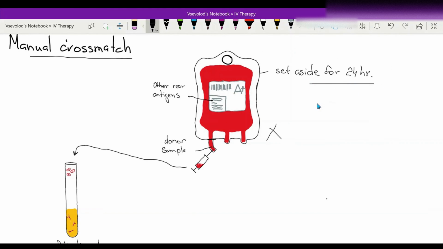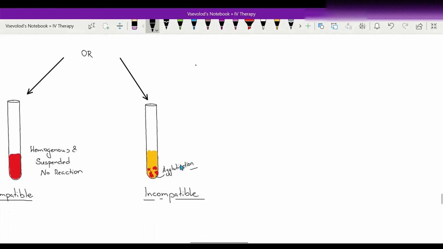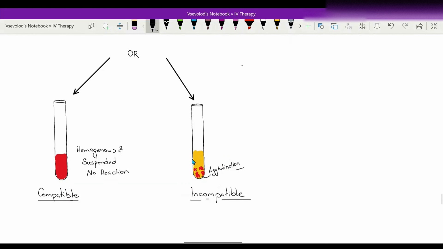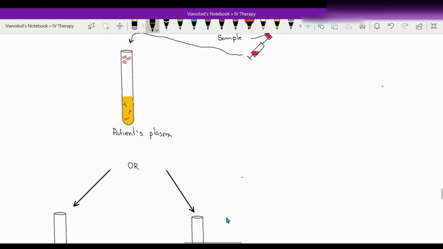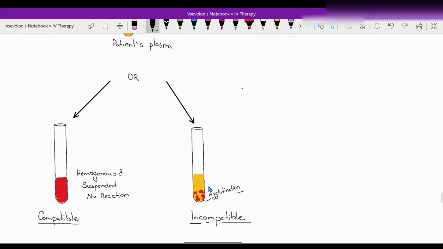In another scenario, if one test showed that the patient's serum agglutinated the donor red blood cells, then there is some antibody in patient's plasma that reacted with donor antigens. They might not know what it is because it did not show up on the screening panel or other tests.